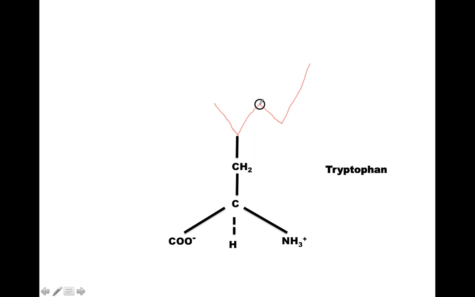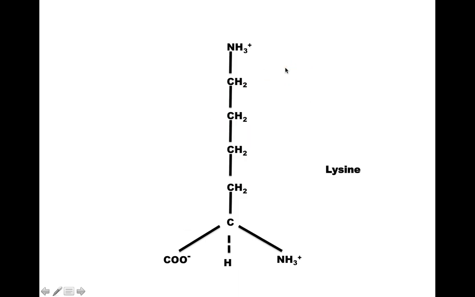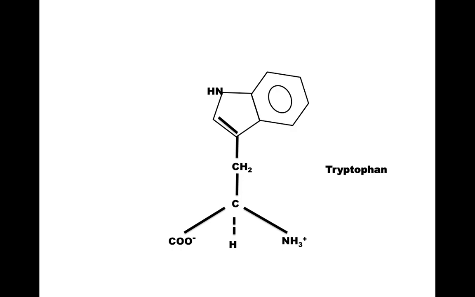The single letter for tryptophan is W, right? And if we make a pentagon on one side and a hexagon on the other side, this becomes tryptophan. This is a more defined structure, and it also contains an N in the pentagon. This is the structure of tryptophan.